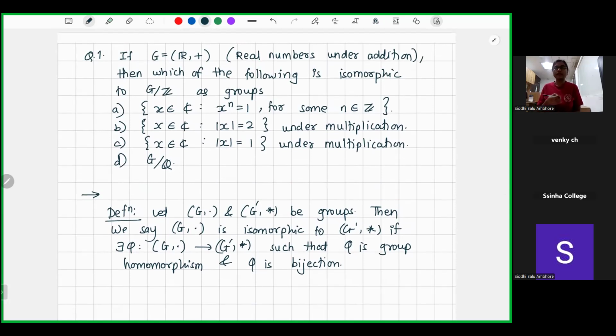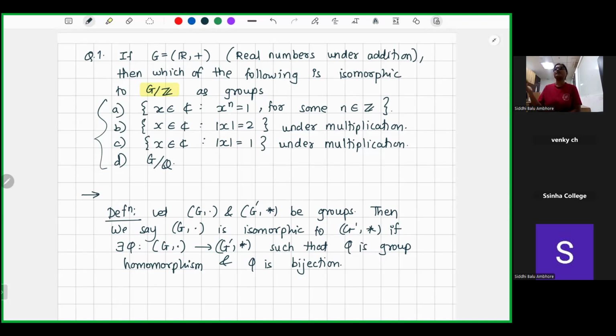So here, G is real numbers under addition, and we have to see which among these four are isomorphic to G quotiented by Z. Any guesses from these options, which one is isomorphic to G quotiented by Z and which one is not?